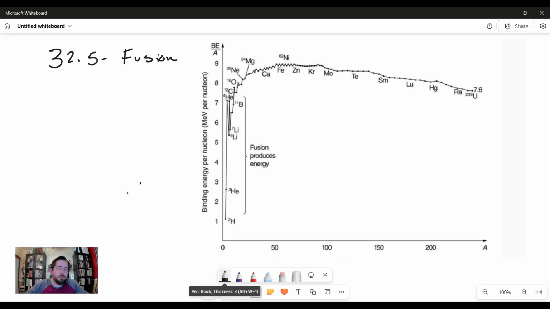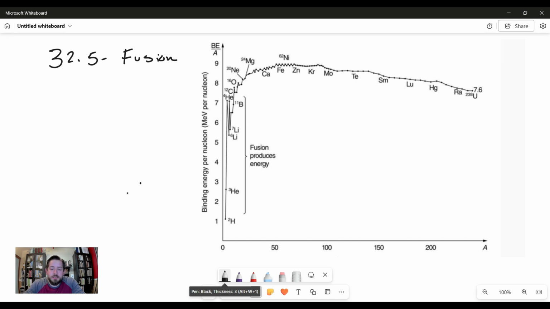32.5 is fusion. So the backstory here: nuclear fusion is a reaction in which two nuclei are combined or fused together. They form a larger nucleus, and the mass of that nucleus is less than the sum of the masses of the particles that make it up.